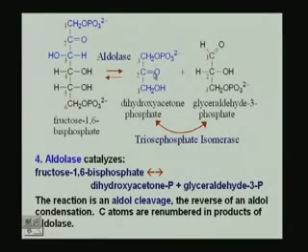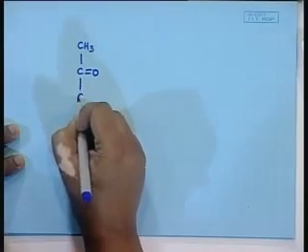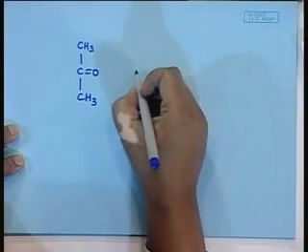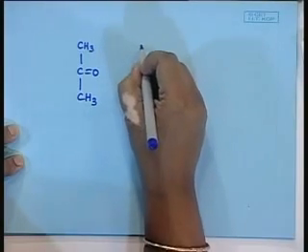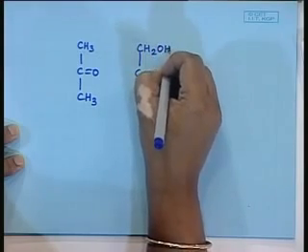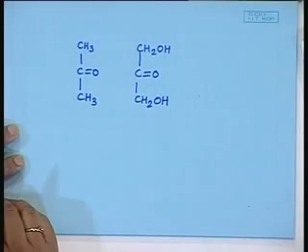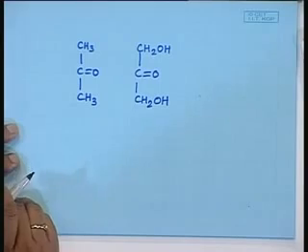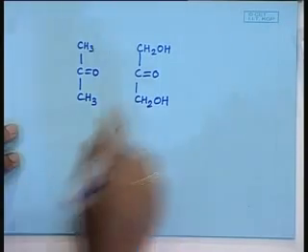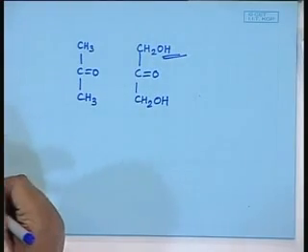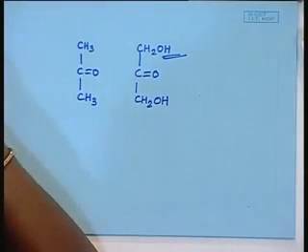If you look at this, CH3, CO, CH3 is acetone. Dihydroxyacetone is that, right? Now, if we have dihydroxyacetone phosphate, we have phosphorylated one of these. Okay? So, that is exactly what we have.